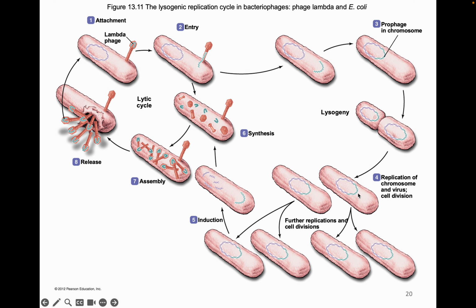Replication of the chromosome and the virus by cell division. And then something happens, some cue that induces the lytic cycle, where it begins to synthesize and assemble viral particles, and then release them all at once. This lysogenic cycle is particularly insidious.